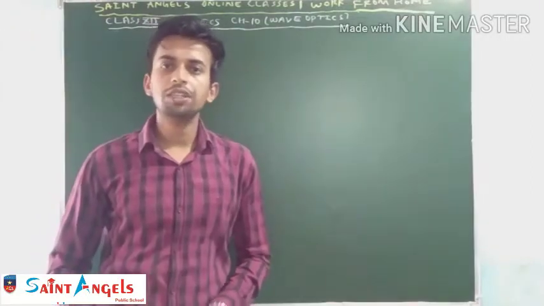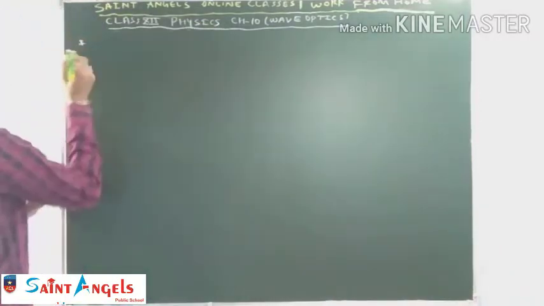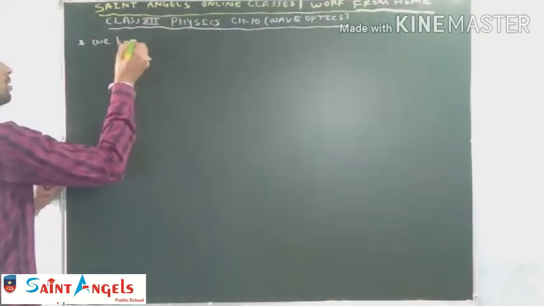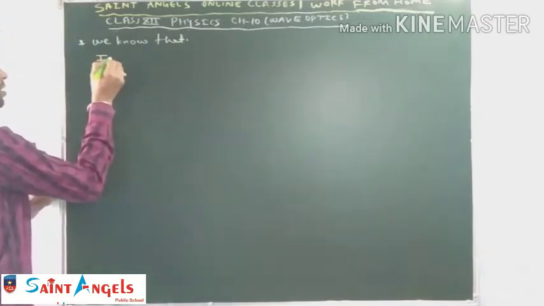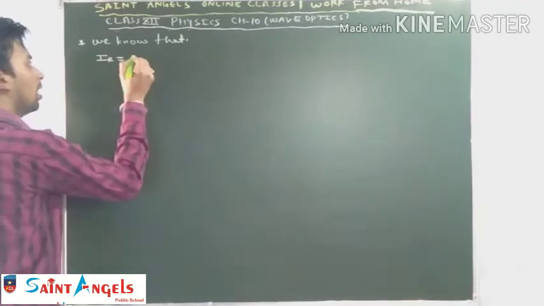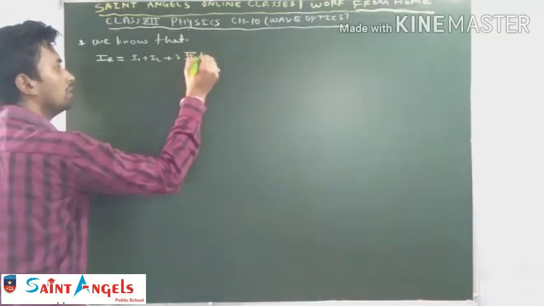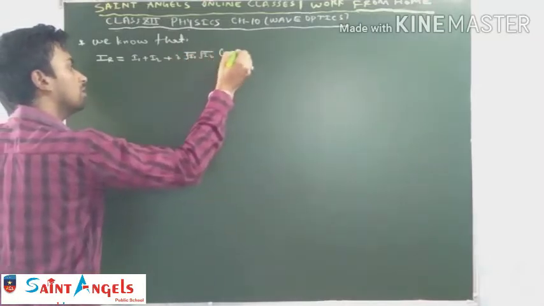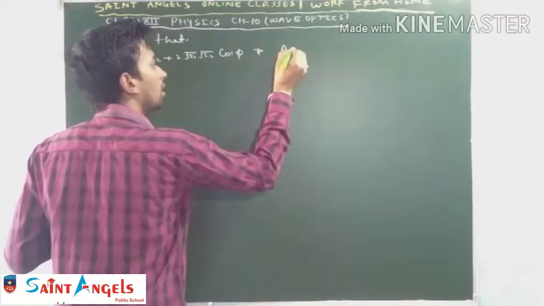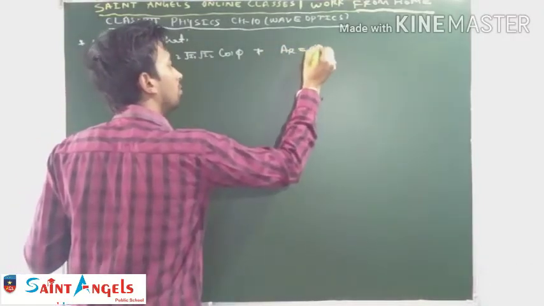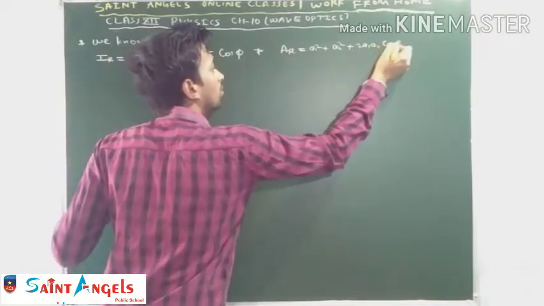So student, let's discuss the condition for maximum and minimum intensity. We know that resulting intensity is equal to I1 plus I2 plus 2 root I1 root I2 cos phi, and resulting amplitude squared AR square equal to A1 square plus A2 square plus 2 A1 A2 cos phi.